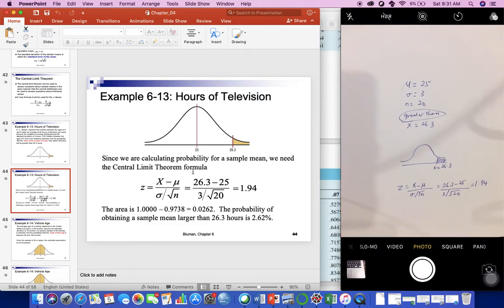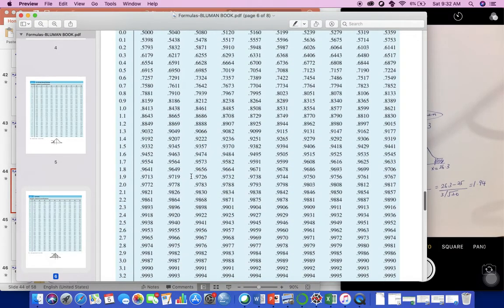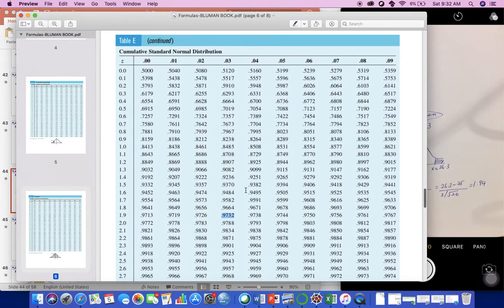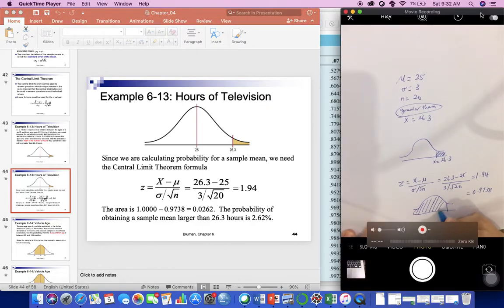So 1.94 corresponds to 0.9738 in the table.